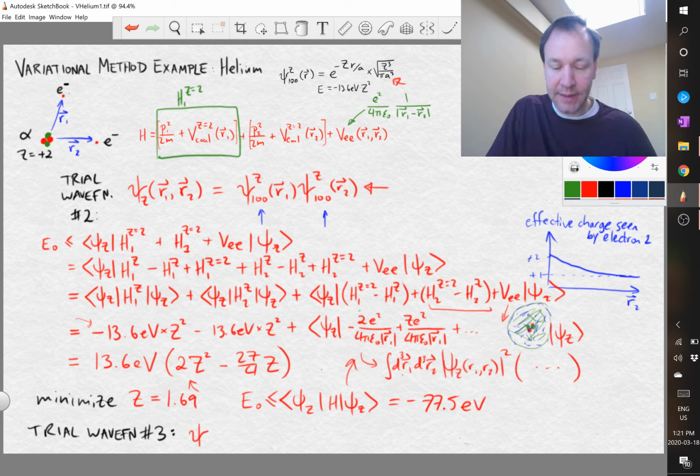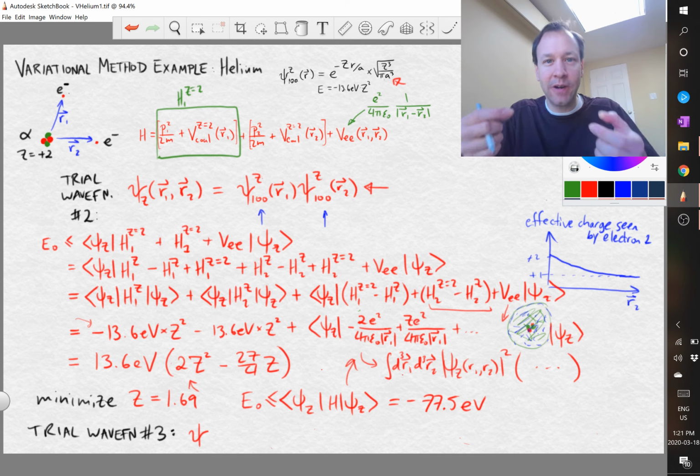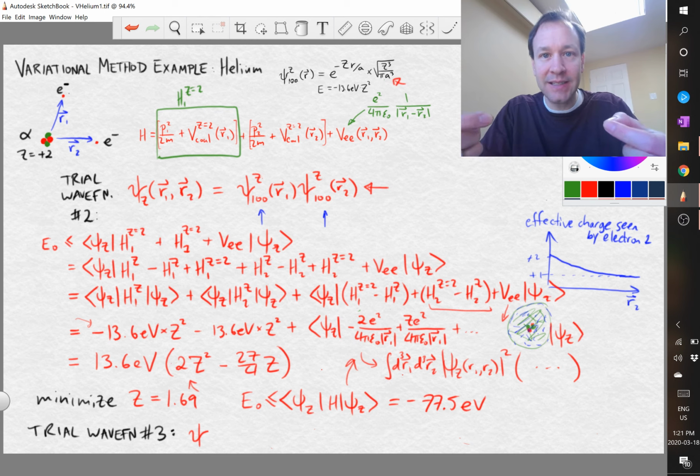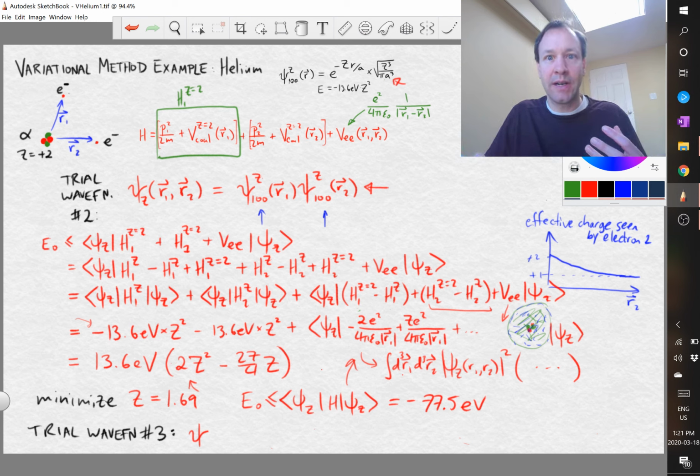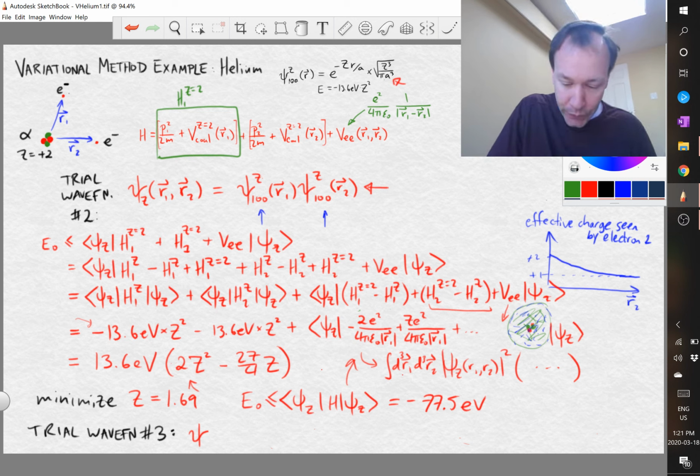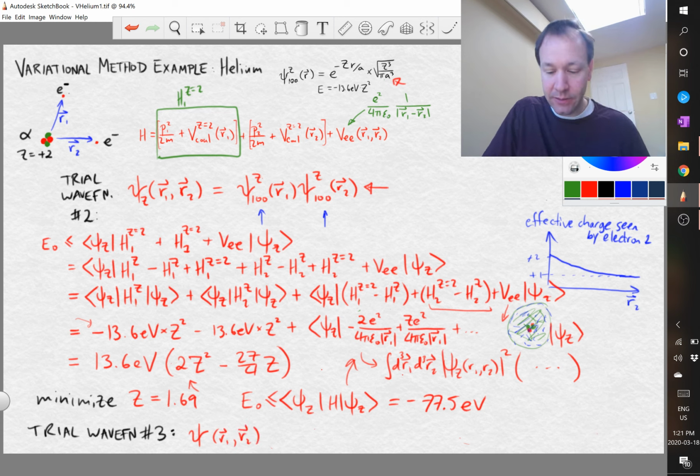So far we've been assuming that the two z's are the same for the two electrons. Why don't we try something where the two z's could be different? Okay, so that's now even another parameter. So we can go through the same thing, psi of r1 and r2. The idea here is that we could try psi of z1 of r1 times psi of z2 of r2.